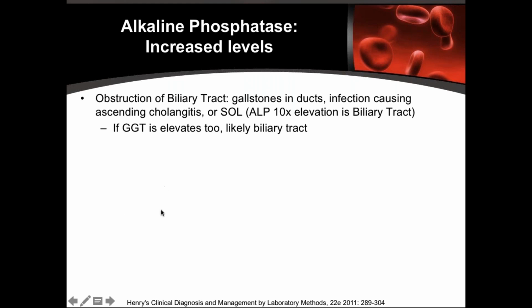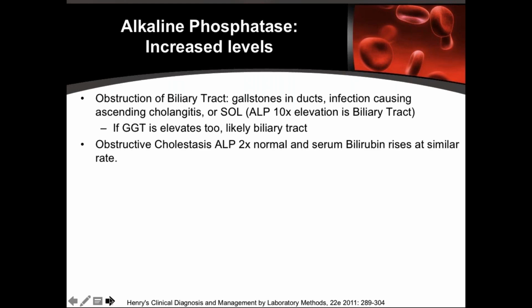This is really a wonderful combination to memorize, guys. There are 3 combinations to memorize between alkaline phosphatase and liver enzymes, and they save you a lot of time. If you've got obstructive gallstones, right, and your alkaline phosphatase levels are twice the normal, then what you might see is that your bilirubin, we're going back to that, is going to rise at a similar rate.